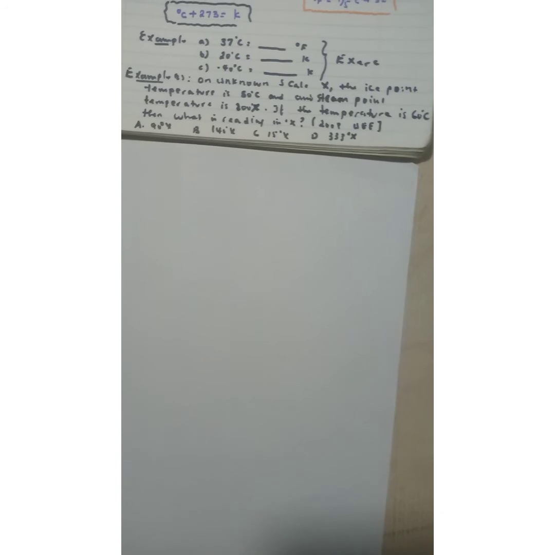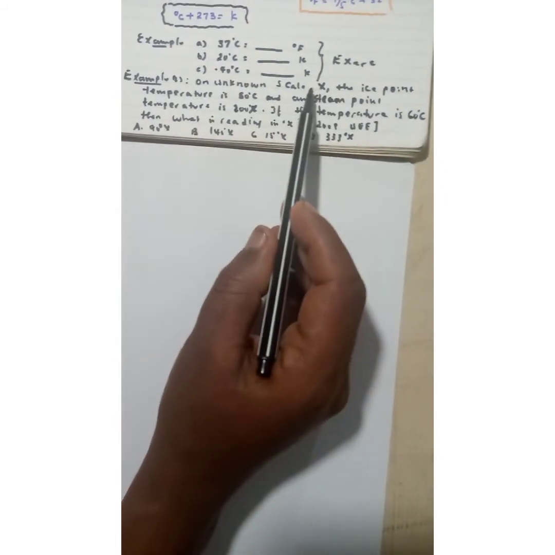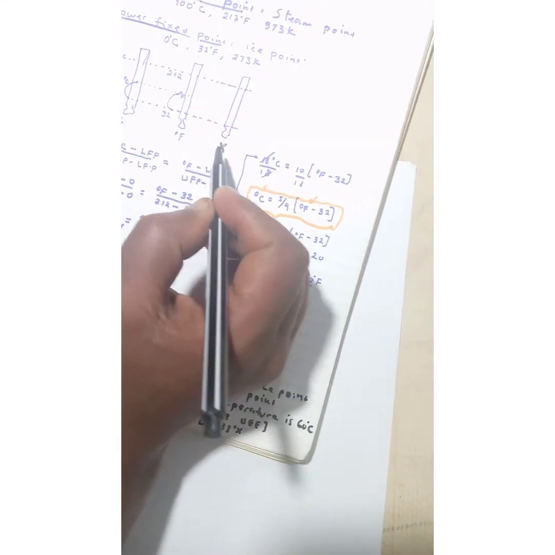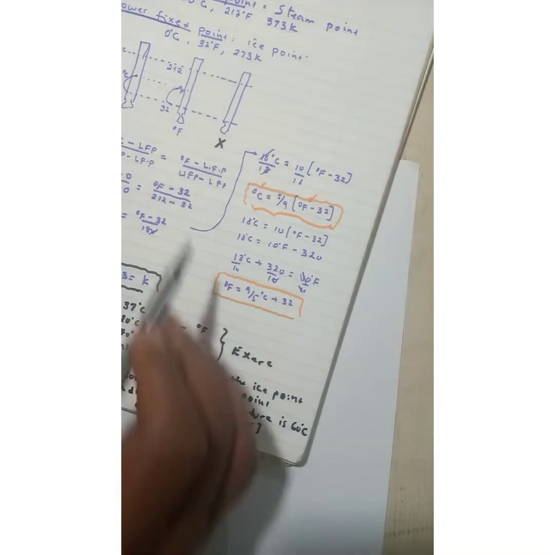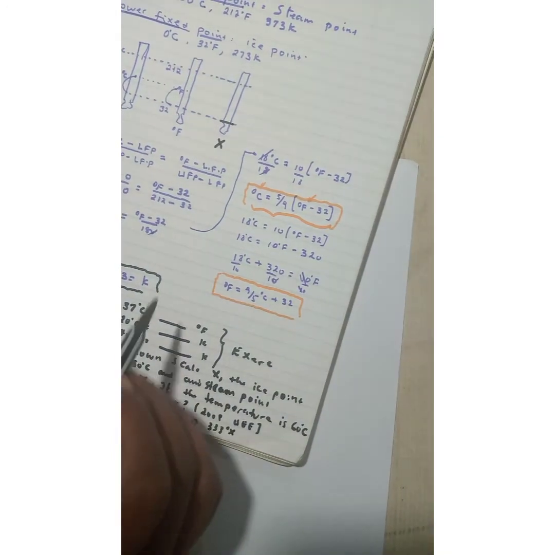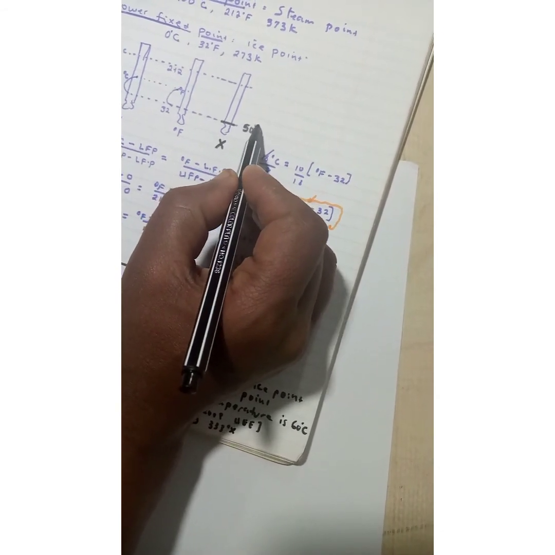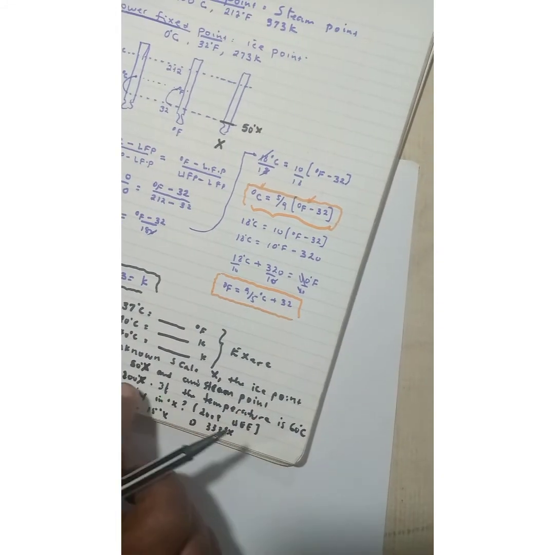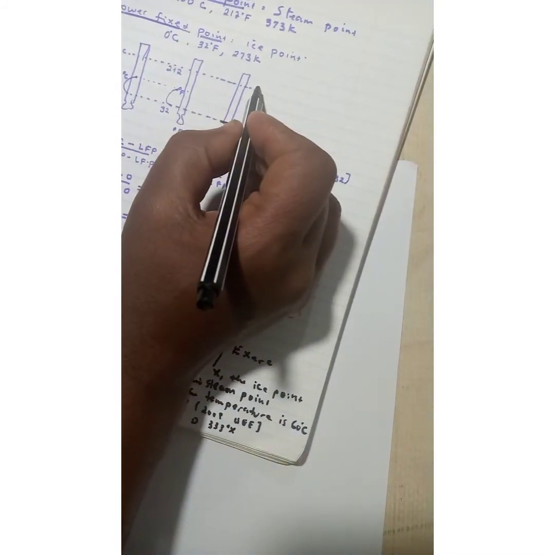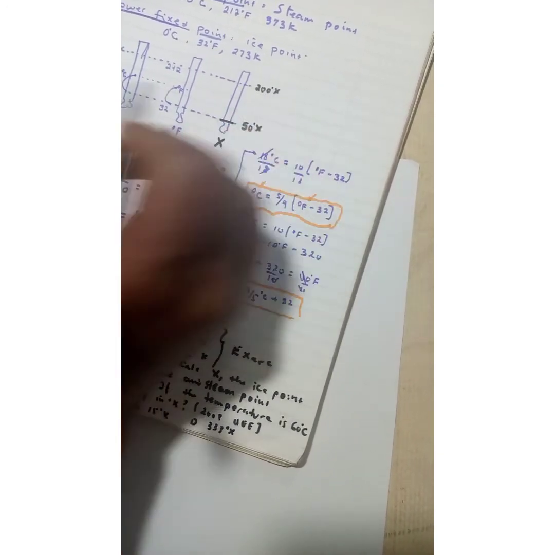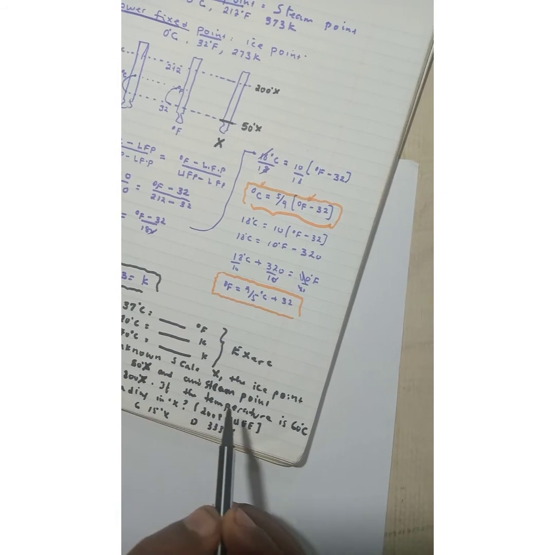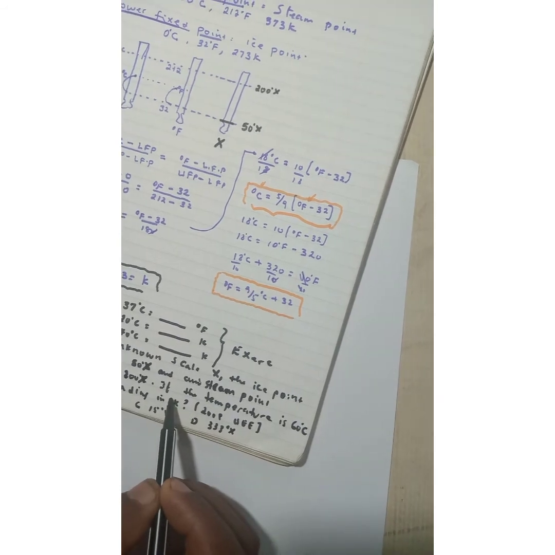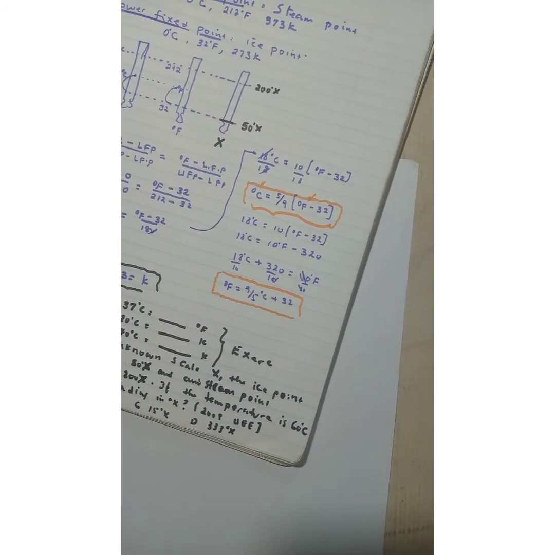Now let's see the second example. On an unknown scale X, the ice point temperature is 50 degree X, and the steam point temperature is 200 degree X. If the temperature is 60 degrees Celsius, then what is the reading in X scale, or what is the corresponding value of X?